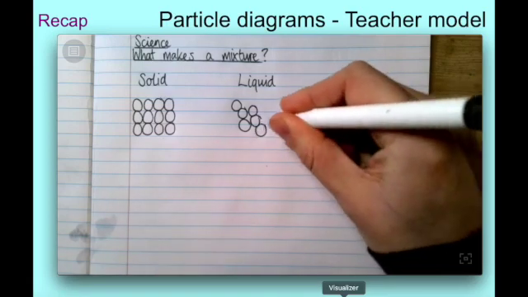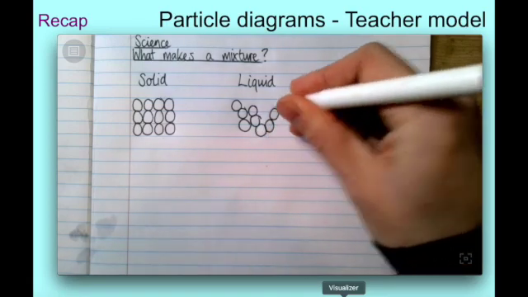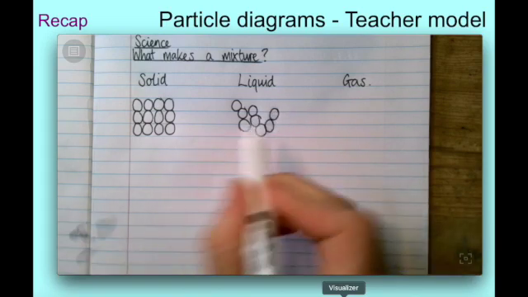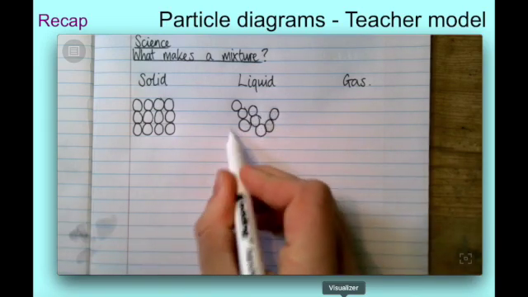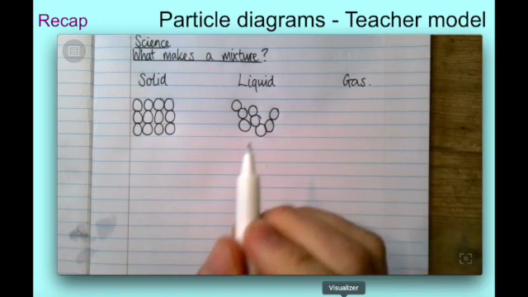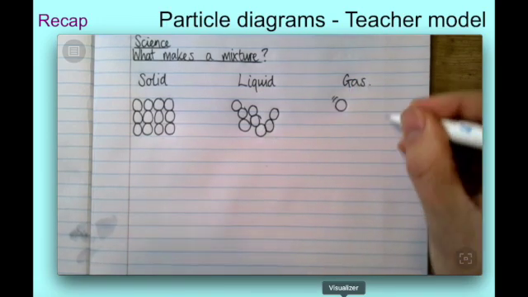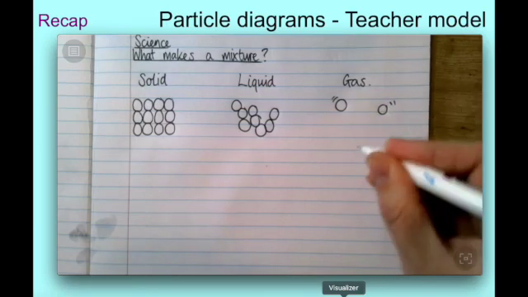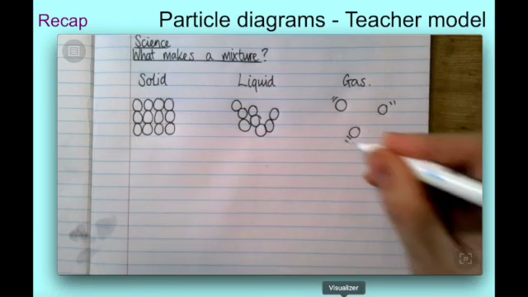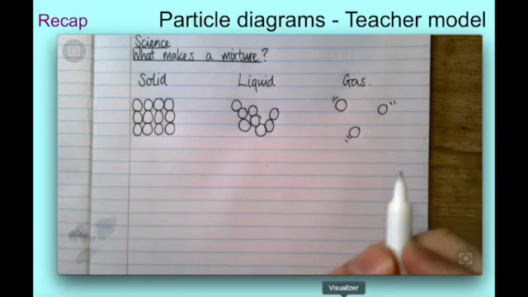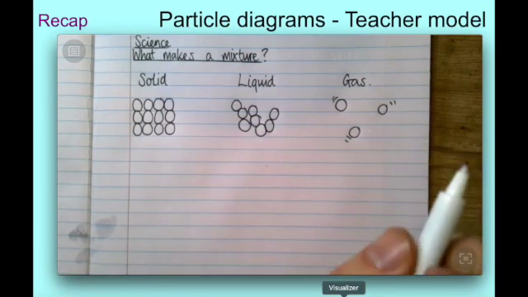And they're not arranged in rows. Okay, and they can slide past each other. So they are still touching, but can move around and they can slide past each other. They are not rigid. In a gas, they are not touching and they move quickly, and we use these little kind of symbols to show that they are moving. So gas, they are not touching and they move quickly.